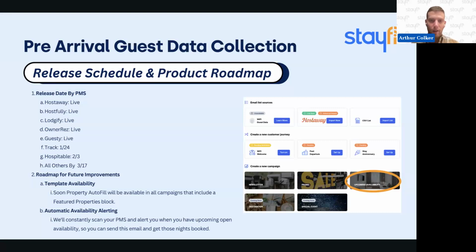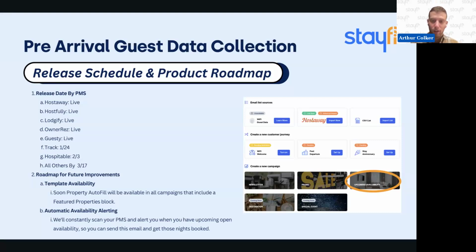And by mid-March, this is going to be available for all our PMS partners. And then some other additions that we are going to be releasing based out of this feature: right now this is only available for one type of campaign, which is the upcoming availability one.